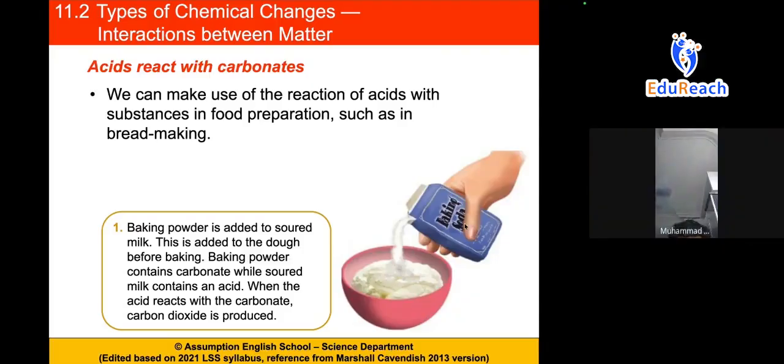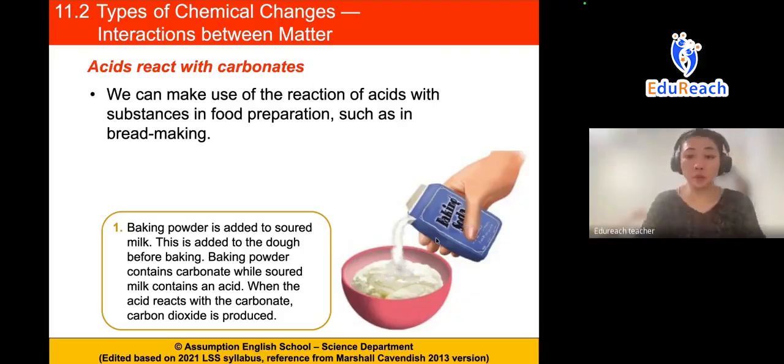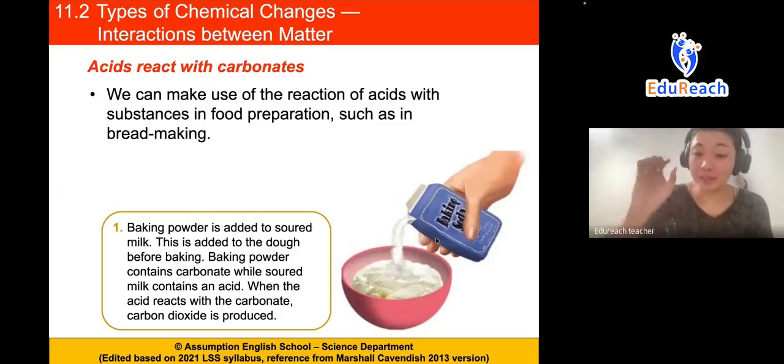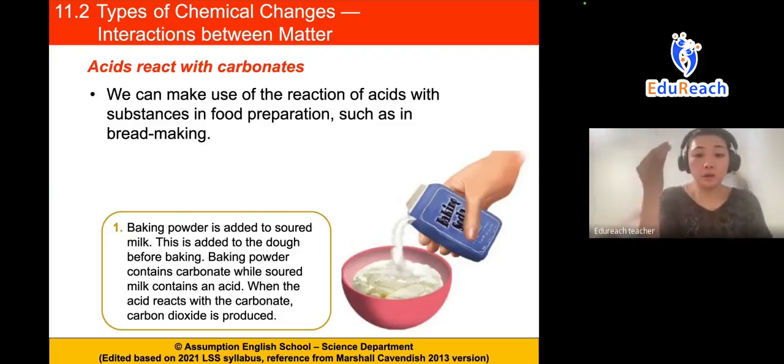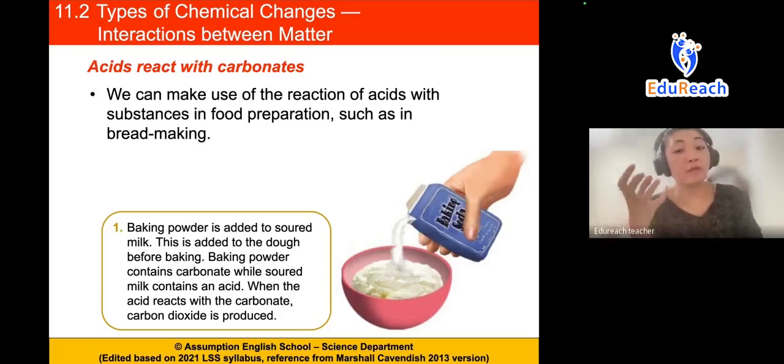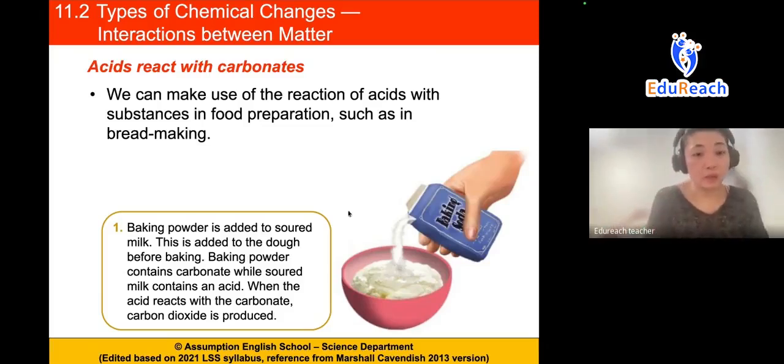The soda in baking soda is not the soda drink that we like to drink, like Coca-Cola, Pepsi, 7-Up. No, it's not that kind of soda. Baking soda or baking powder is a substance that allows our breads, our cakes, our pastries to be very fluffy. Okay, Zakia, can you do us a favor?